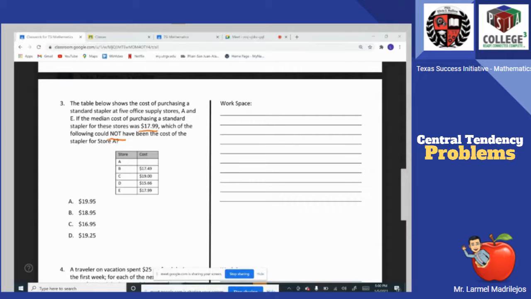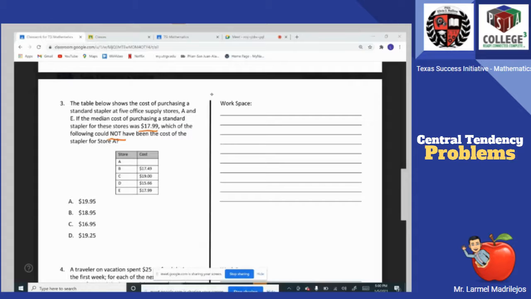So we have stores A, B, C, D, and E. A is blank. Then $17.49, $19, $15.66, and $17.99. It's not in order, so the best thing to do is write this in order, starting with the smallest number, which is 15.